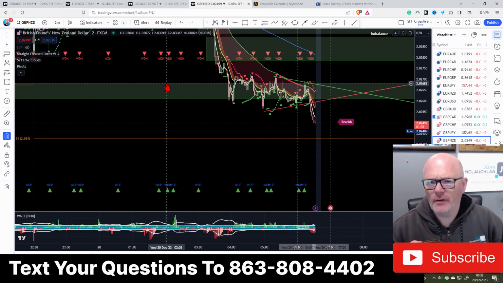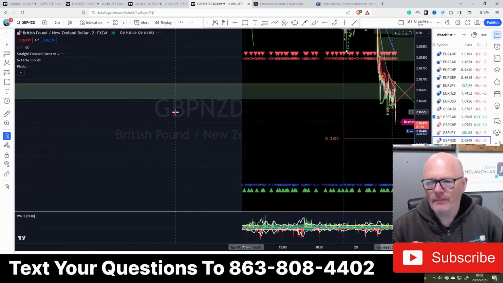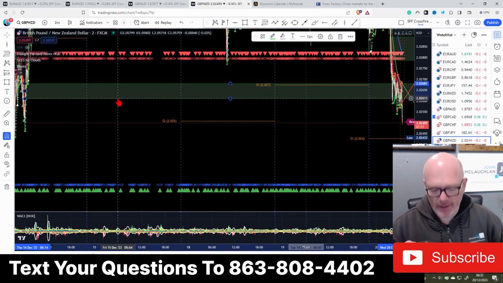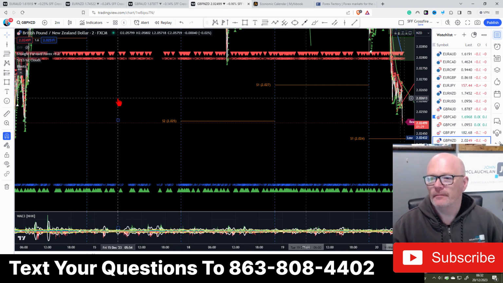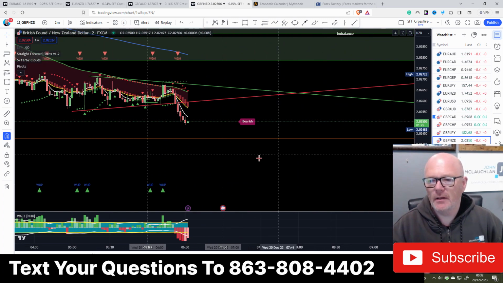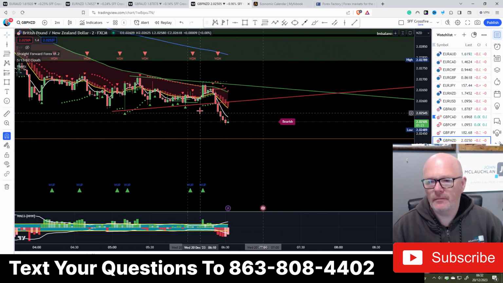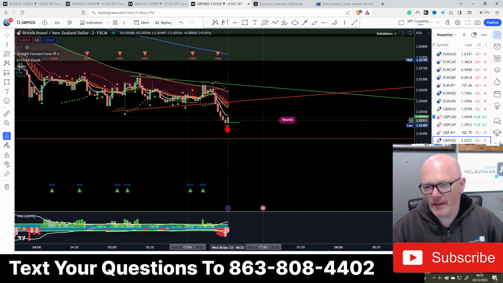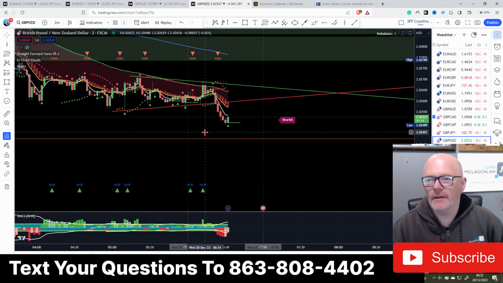We've also got some previous imbalance, but that's been mitigated, so we'll take that out. This in itself is forming imbalance as well, so price needs to come back to mitigate this area, even though it's just been formed.